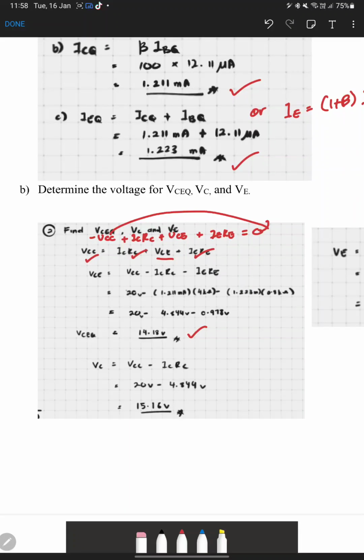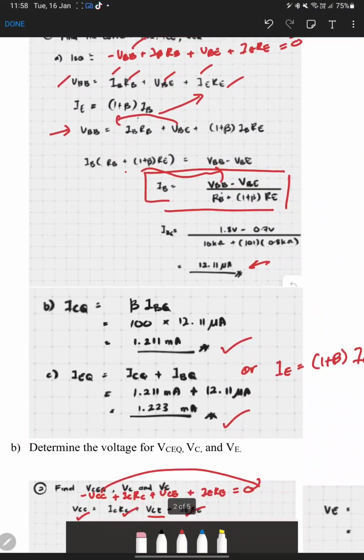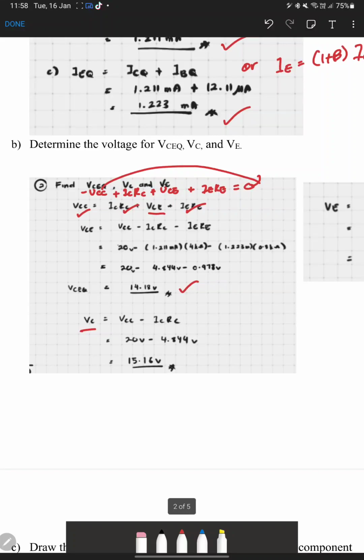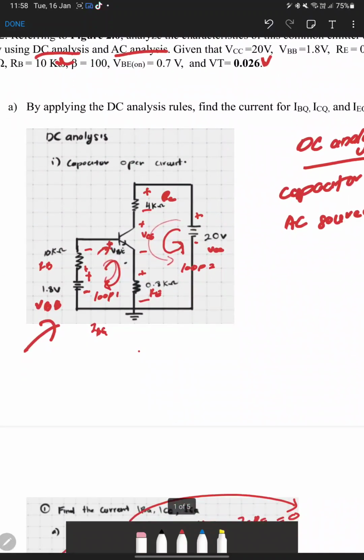Alright. How about VC? Most students are confused about the VC. VC is not equal to ICRC. VC is the voltage drop from here to here.